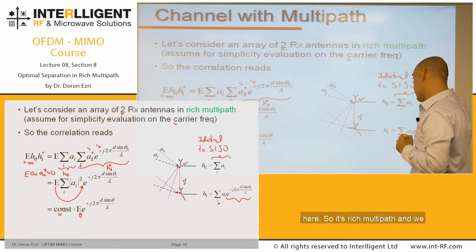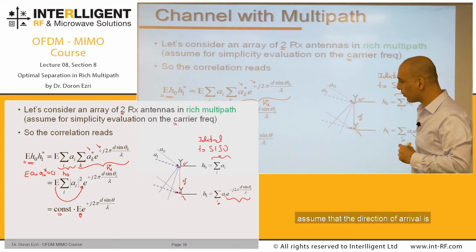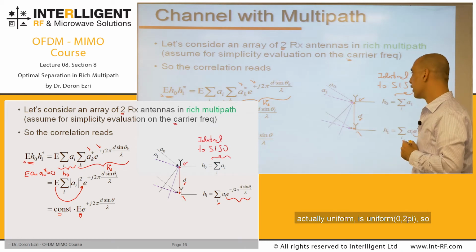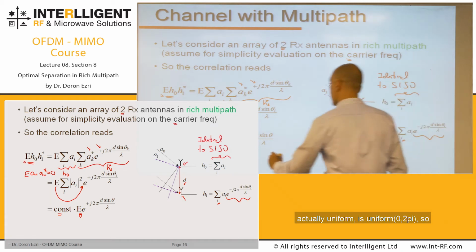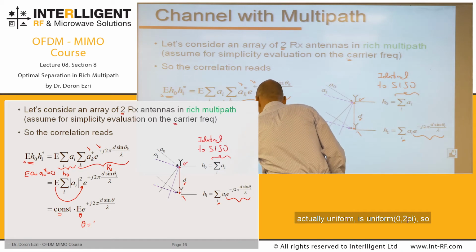It's rich multipath, and we assume that the direction of arrival is uniform, 0 to pi.